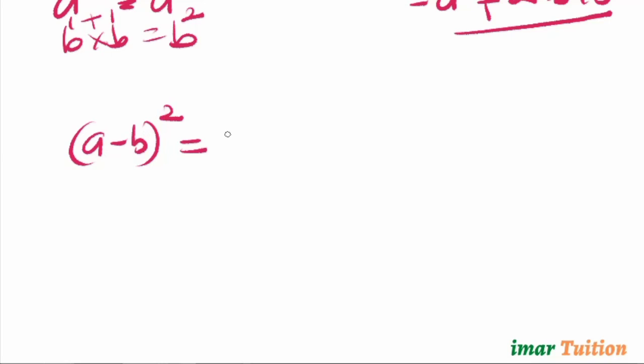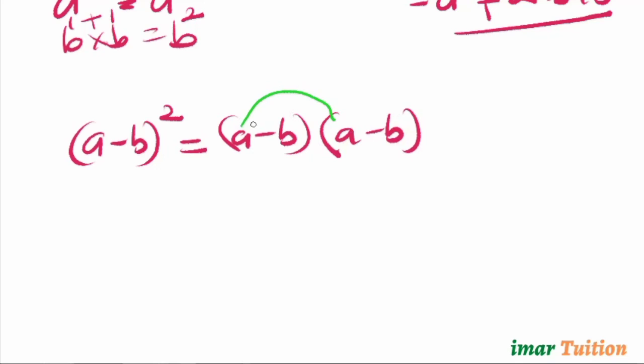This is equal to a minus b plus bracket open a minus b. Here again, this will multiply this and also multiply this. This will multiply this and also multiply this. Let's do that.